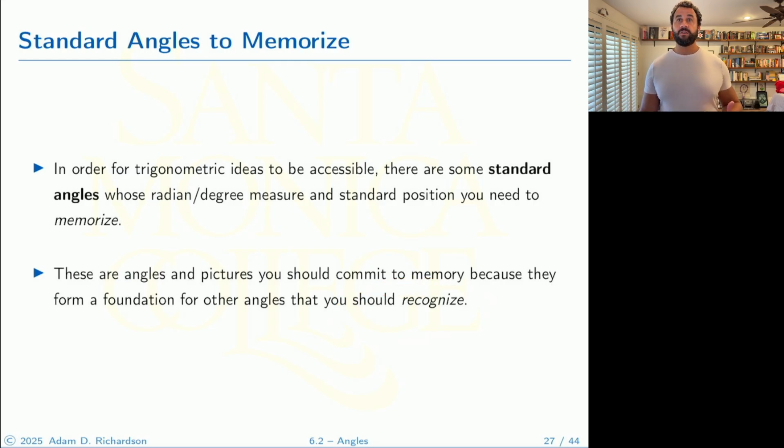Now, just a little bit of a word to students that are learning this the first time. Beware of what you look up online about this, because one of the issues I find students have is you can go online and find a picture of the unit circle with every single important angle labeled on it, in radians and degrees, with the sine value and the cosine value, and it's just a big, huge mess of information.